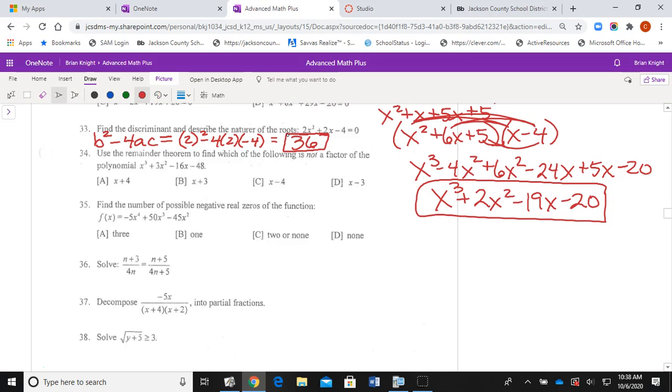And if you get 36, that means you have what kind of roots? What's the nature of them? 2 real roots. Had it been 0, you would have put 1 real root. Had it been a negative number, 2 imaginary roots, or 2 complex roots. Means the same thing. Okay?